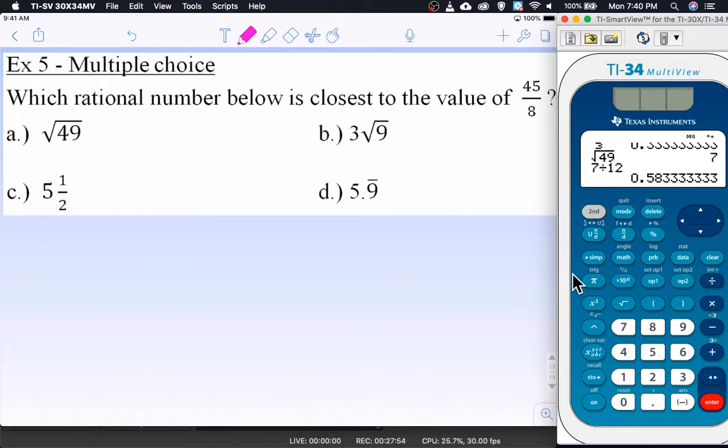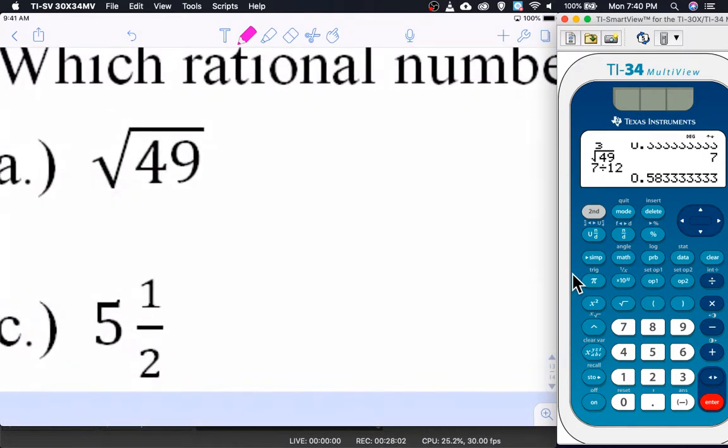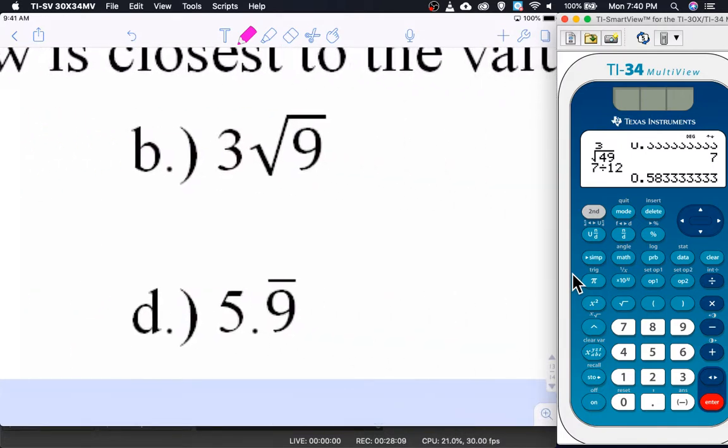All right, so I'm going to start changing each of these to decimals. That's kind of the best way to compare numbers. We saw that up above as well in the previous problem. So the square root of 49 is just plain old the number 7. 3 times the square root of 9. I know the square root of 9 is 3.